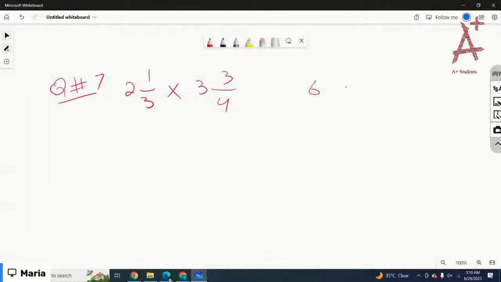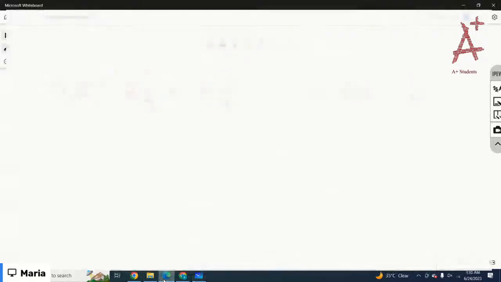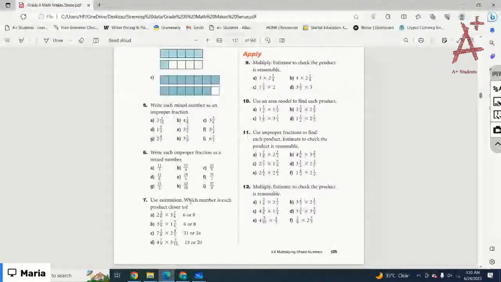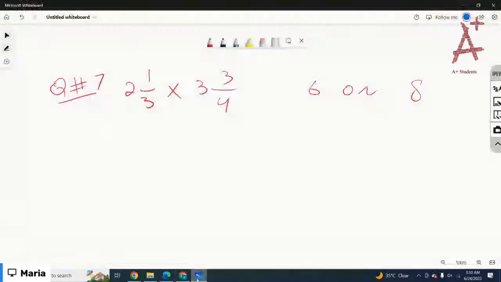You have to use estimation: calculate the product and see which number it is closer to, 6 or 8. Basically you have to round off these fractions. Here you have 1 over 3. 1 over 3 is less than 1 over 2, which means you round down to the same whole number. The next one is 3 over 4.